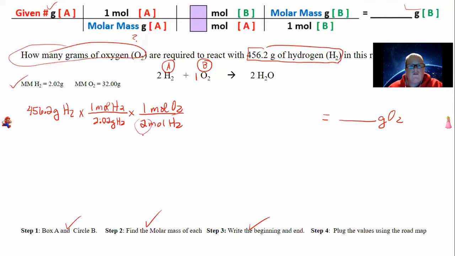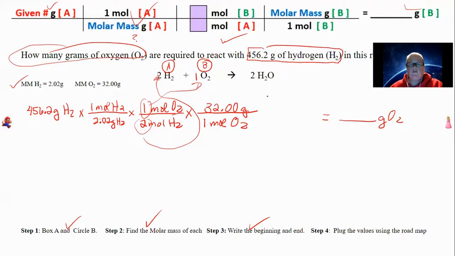So this 2 is coming from here, and this 1 is coming from here. And then I have 1 mole of B on the bottom, which is O2. And the molar mass of 2 oxygens is 32.00 grams.